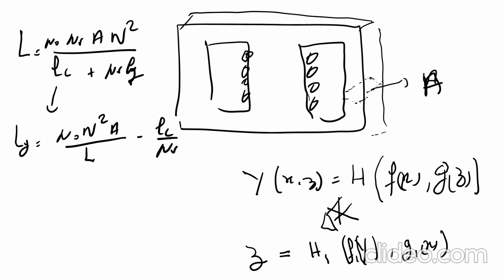This does not mean that the air gap is also a function of the remaining variables plus the inductance. That's not correct. You can explain this if you have an equation y that depends on x and z, where y is a function f of x and z has a function g.